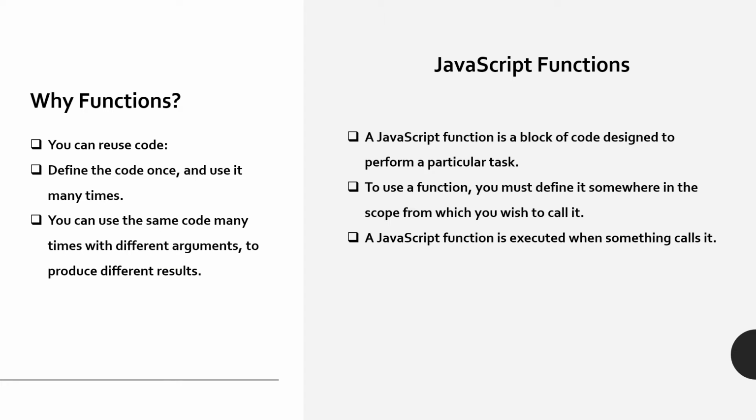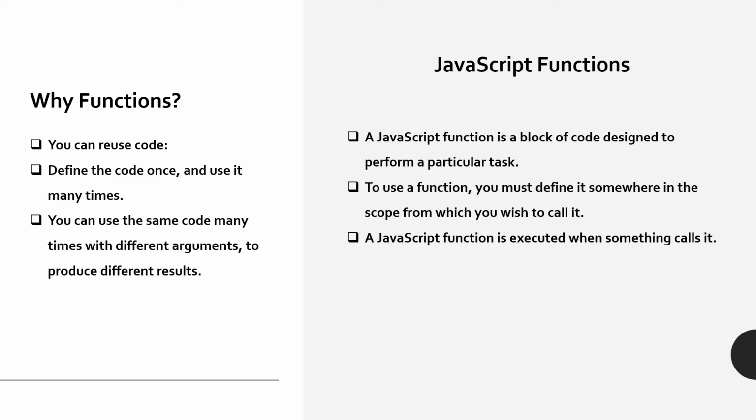Let's see what a function is and why functions are required. A function is nothing but a block of code designed to perform a specific task. It helps us to reuse the code.